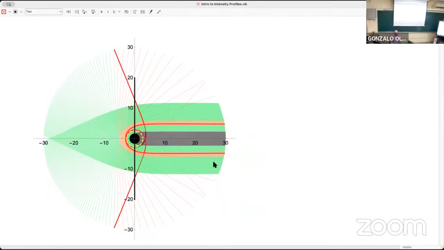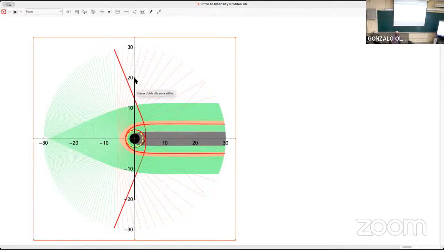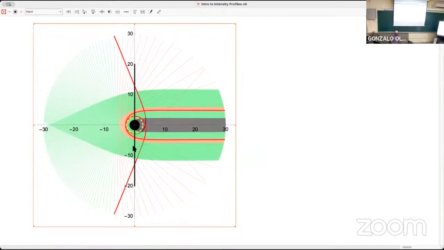As I say, I have a code that computes the geodesics from the north and south hemispheres. It also includes the accretion disk, which here is in black. And you know that the observer is on the right-hand side.